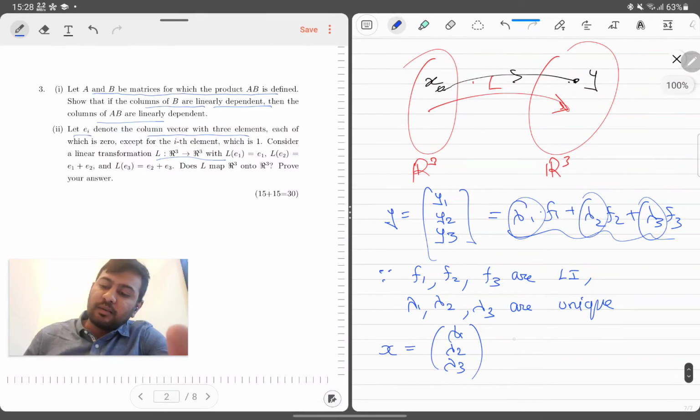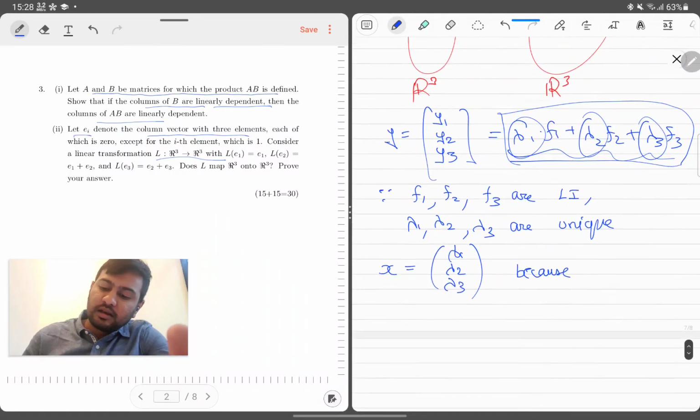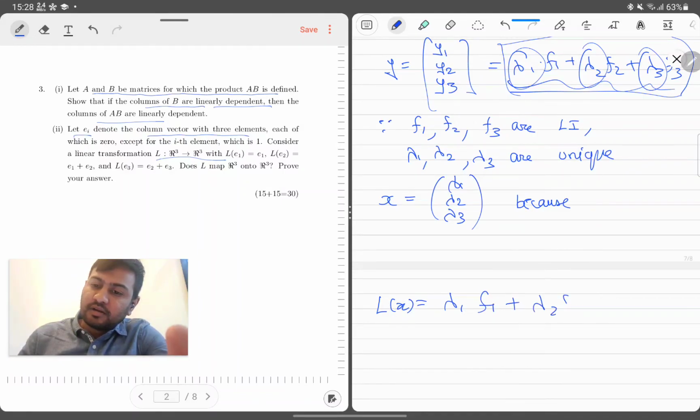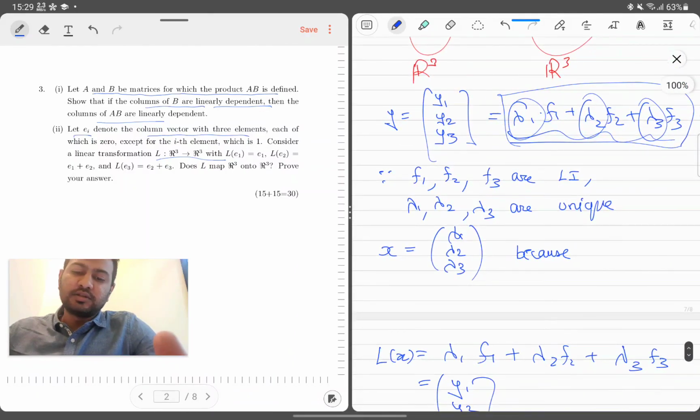And this happens because when you put it under L times x, it's going to be nothing but lambda 1 times F1 plus lambda 2 times F2 plus lambda 3 times F3, which is going to be equal to y1, y2, y3. Okay, so this is how you can do the second part.